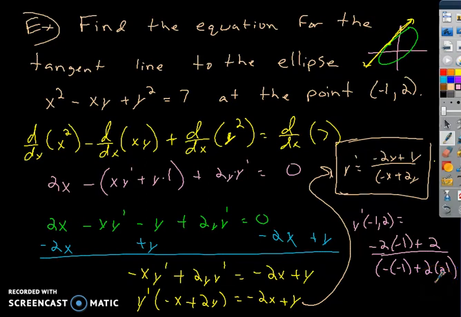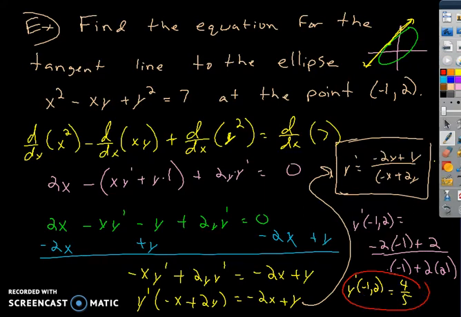So that value of y prime should equal, this is 4, denominator is 5. So y prime equals 4 over 5. So I know the slope at that place. Well, better yet, y prime at negative 1, 2 is 4 over 5.